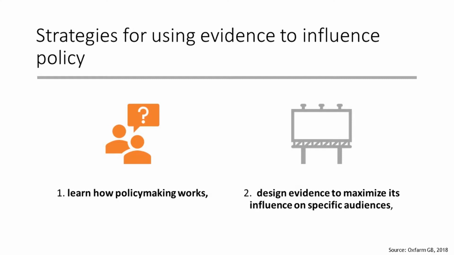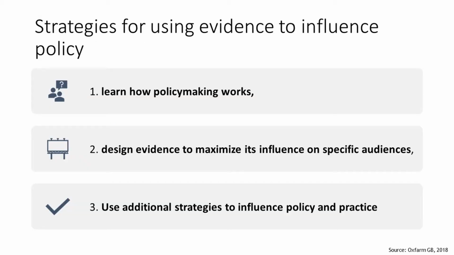Now, another strategy is to use additional ways to influence your policy audience. Those additional ways could be things like integrating your research findings, which is your main thing, right? Your research findings, to integrate that with a wider set of strategies.